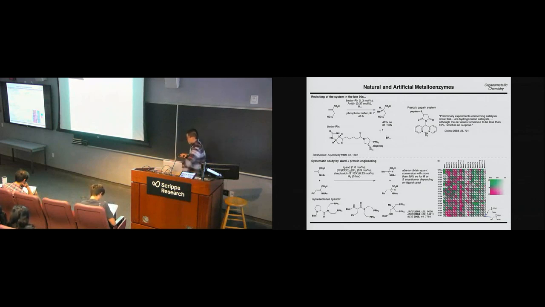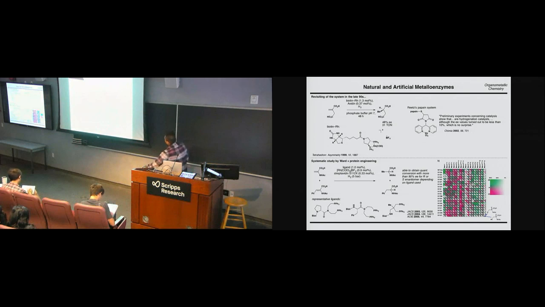So in this case, they generated a library of streptavidin variants by performing mutagenesis at residue S112. And at the same time, they also synthesized different types of phosphine ligands tethered to biotin, and then essentially they performed a combinatorial library screening.